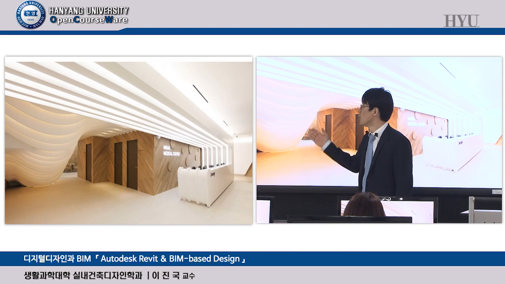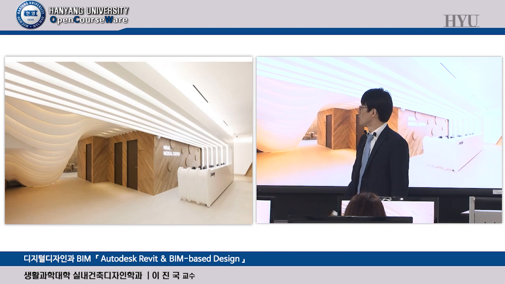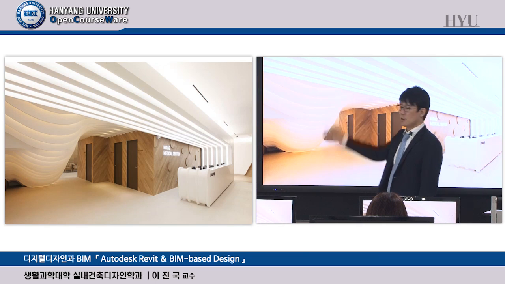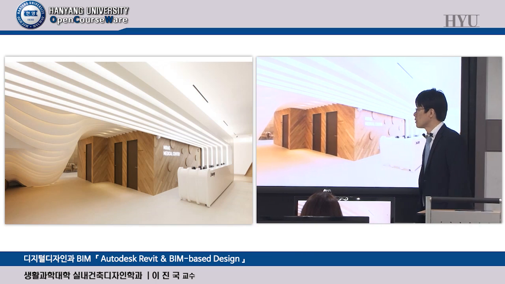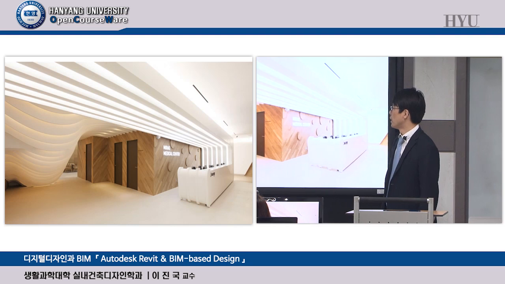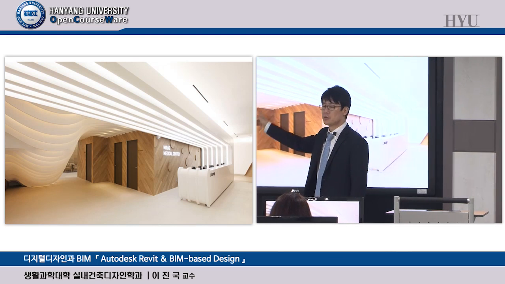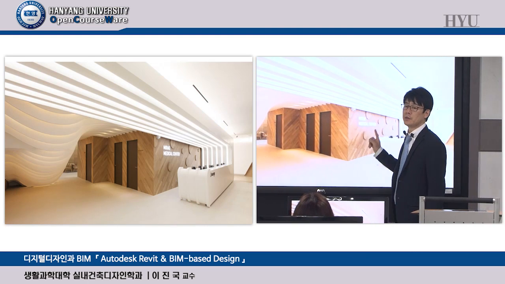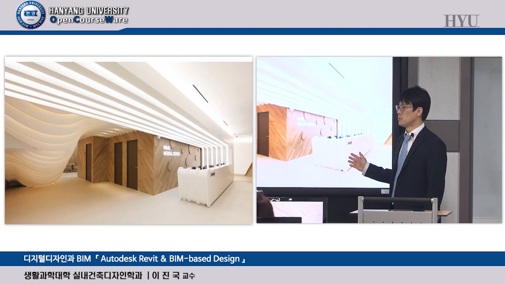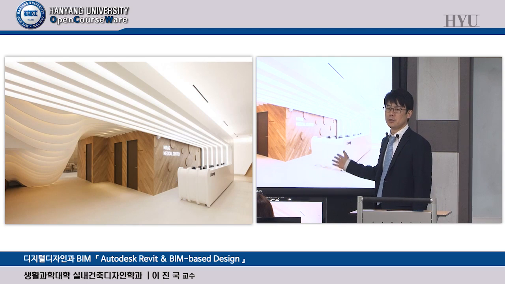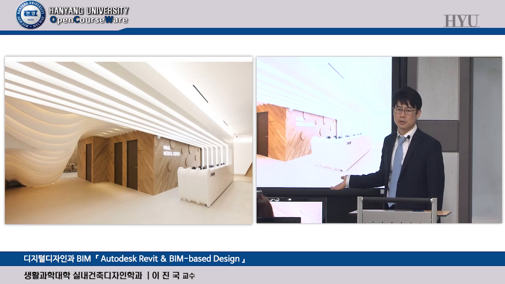Non-uniform, freeform, organic shape. So this one, stairwell to upstairs, and the other side we can design in this way. So this is one tiny example of some unique design features of interior design.